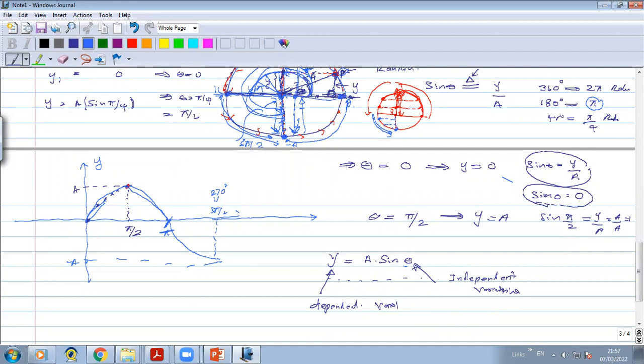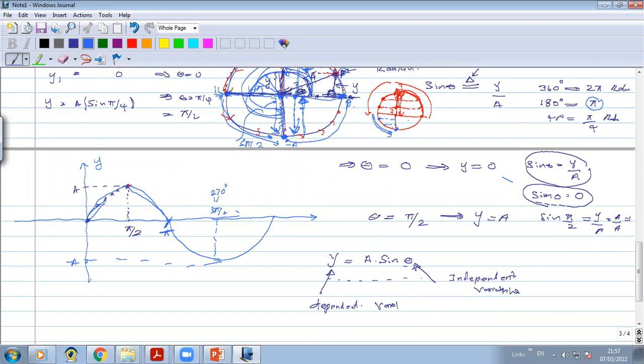No? At this point, y is equal to 0. So from here to here, again y will come to 0. That means it is decreasing and became 0 here.